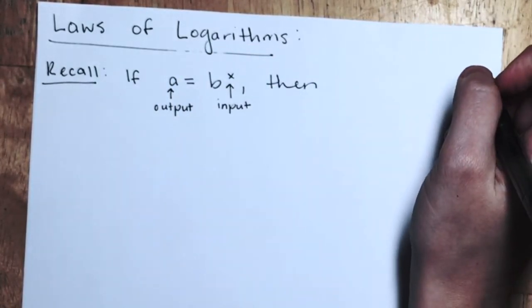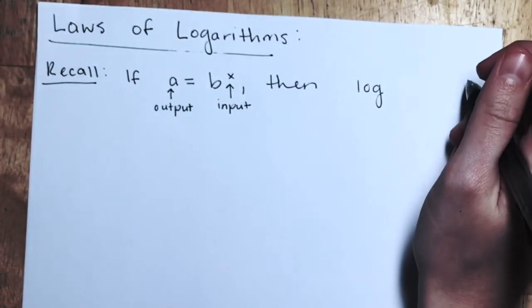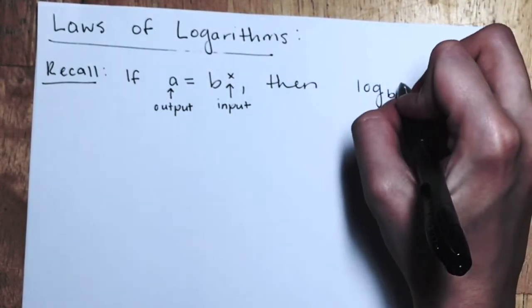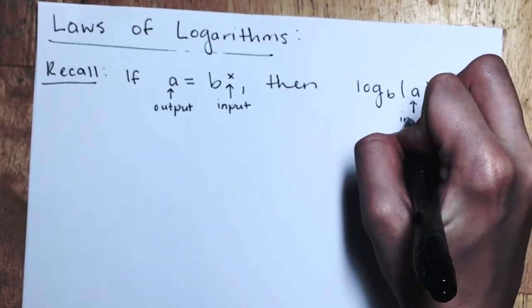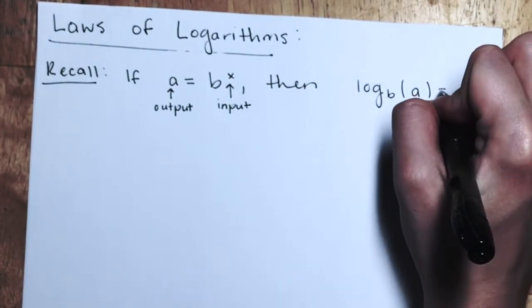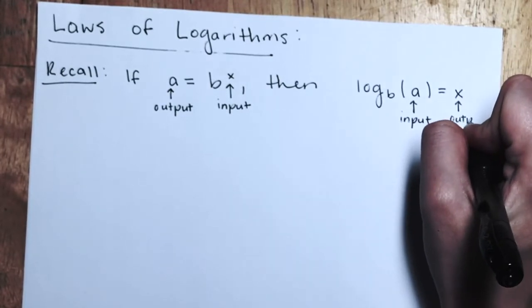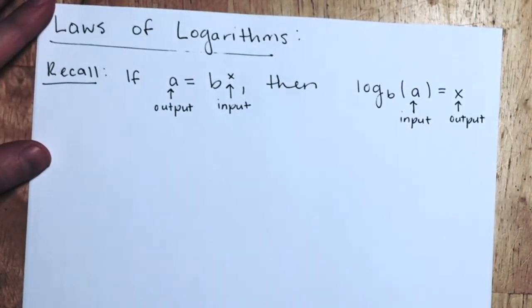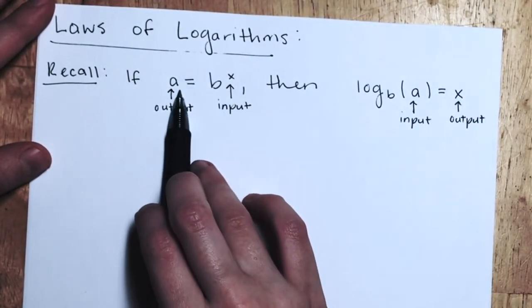So for logarithm, we had base to base. We ended up with a base of b. The base was the same. And then our input was our old output. So that a became our input and x became our output, the value of the function. Because of all this, this x is what we were raising b to get a.